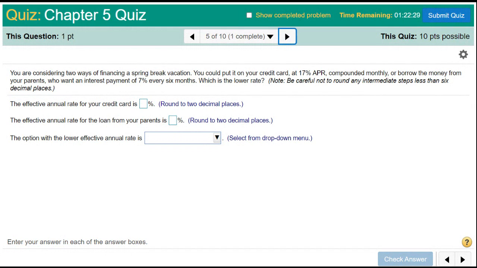And so remember on this one, 0.17 divided by 12, plus 1, to the exponent of 12, minus 1. The answer you get, you move the decimal place 2 places to convert it into a percentage. The second part, they're giving you the interest, so it's 1 plus 0.07, squared, minus 1.